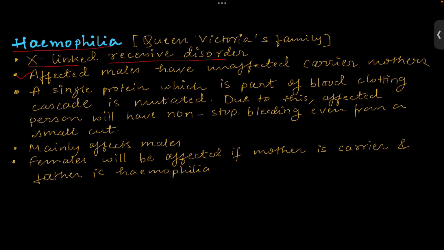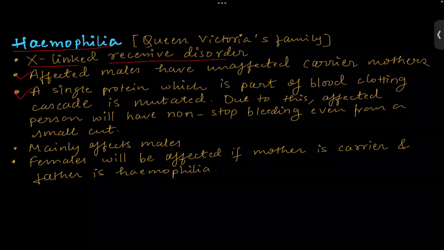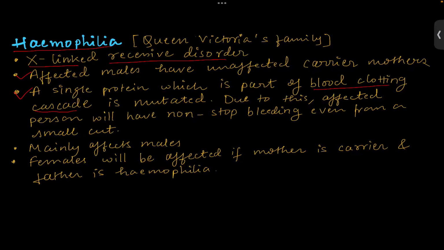And what happens in hemophilia is that a single protein, which is part of the blood clotting cascade, is affected. In the blood clotting cascade, there are 8 proteins, and one of the 8 proteins is mutated, because of which that protein is not functional.